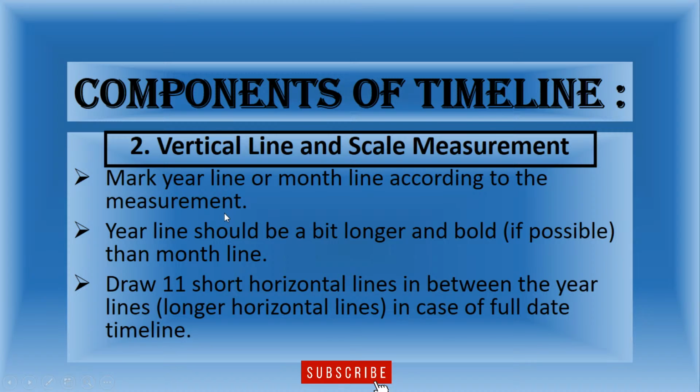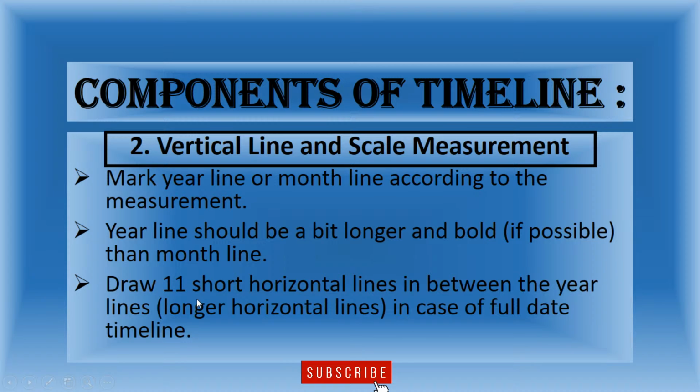The year line should be a bit longer and bold, I already told you. If possible you can make it bold as well. The month line will be shorter, the year line will be longer.